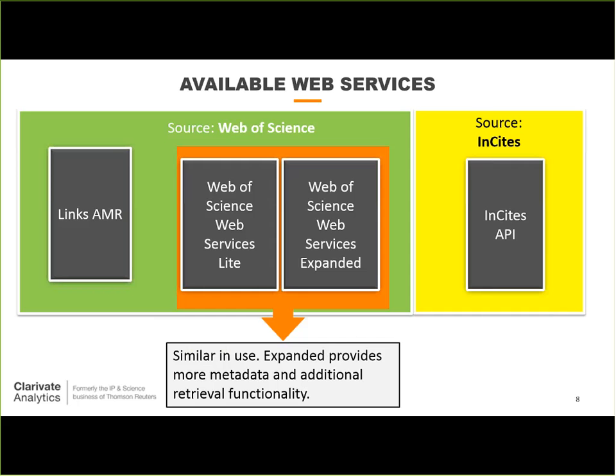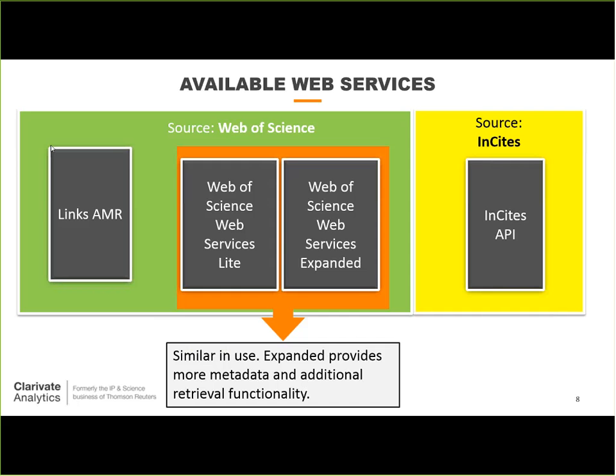So what web services do we provide? We have 3 web services coming from the Web of Science and 1 coming from Insights. The ones coming from Web of Science are Links AMR, where AMR stands for Article Match Retrieval, the Web of Science Web Services Lite, and the Web of Science Web Services Expanded.